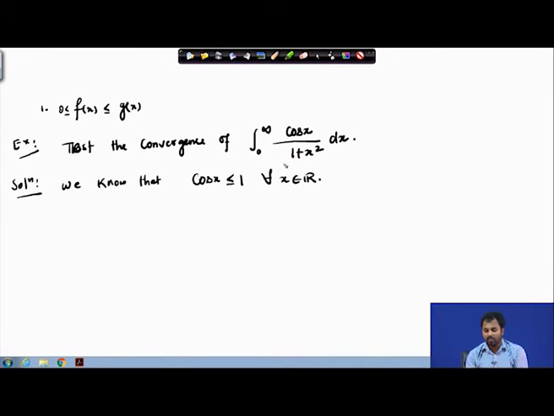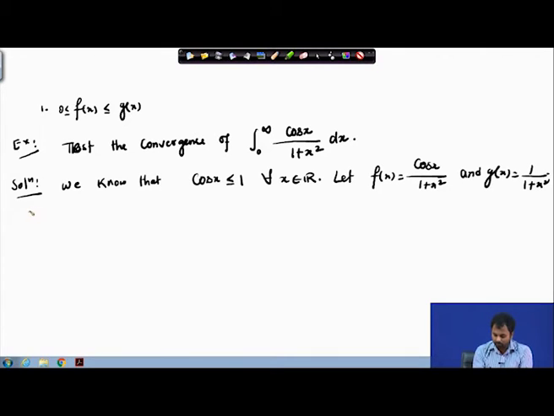Just looking at the integrand, you may get an idea that since cos x is less or equal to 1, I may have to use the comparison test of inequality type. In order to do so, let us define f x as cos x by 1 plus x square and g x as 1 by 1 plus x square.